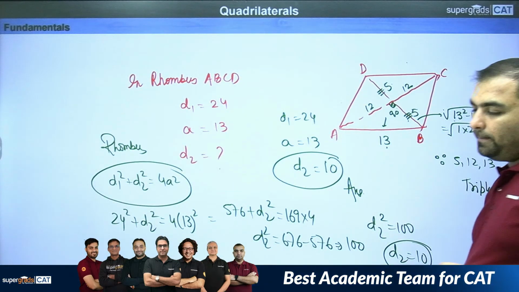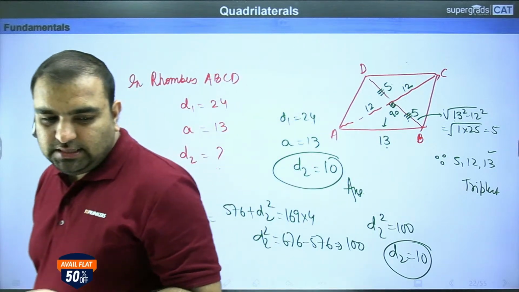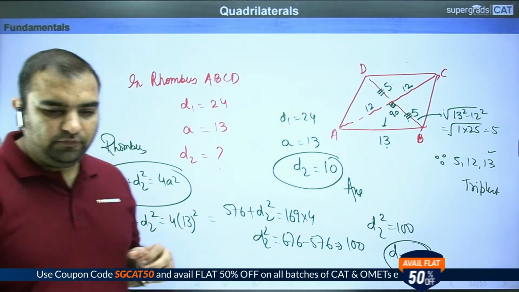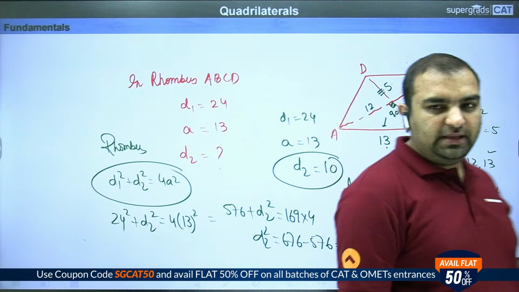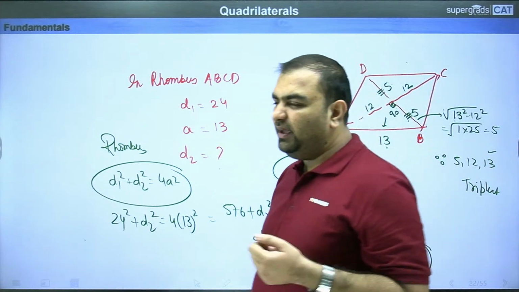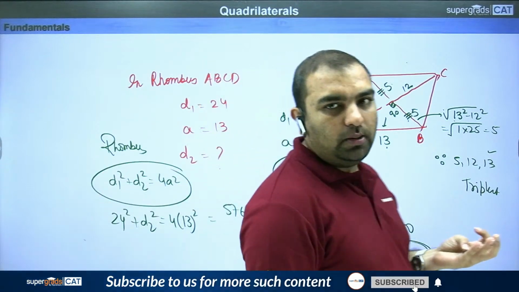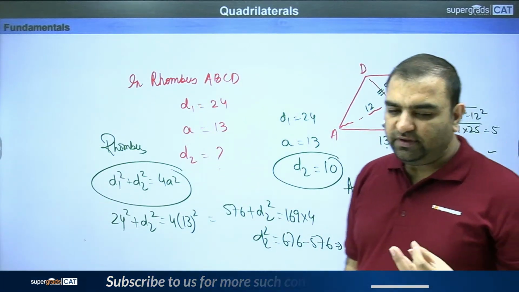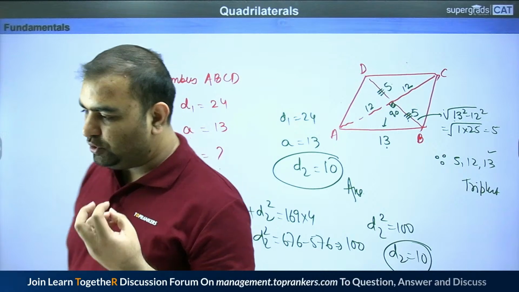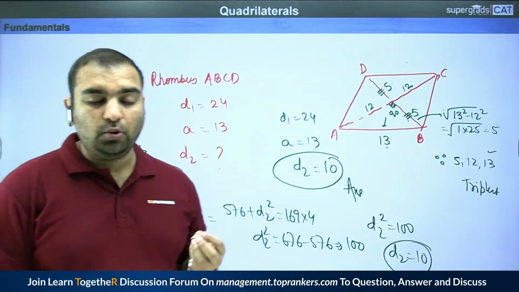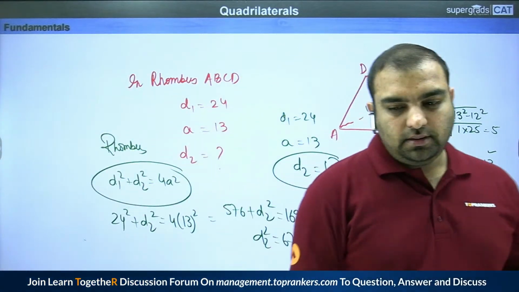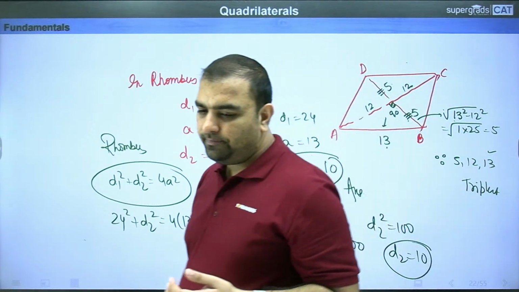Okay. So these are a few famous questions that can be expected from you based on quadrilaterals, whether you talk about rhombus, rectangle, trapezium, or square. I have tried to take all the questions.